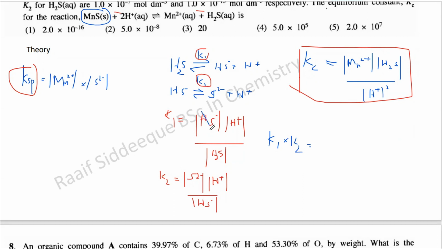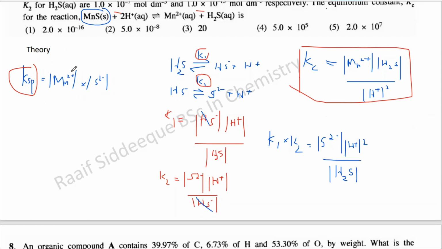This one will cancel out with this one, and there will be the equation with S2- and H+ concentration squared over H2S concentration. So we are very close, but just a very little difference here.